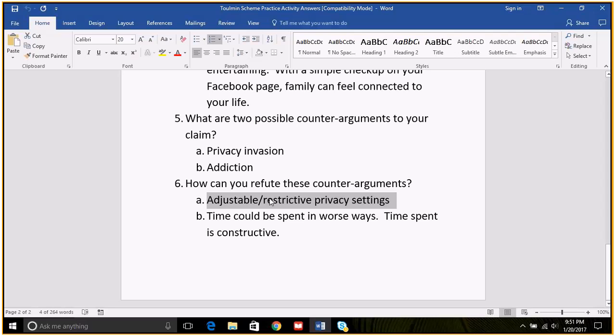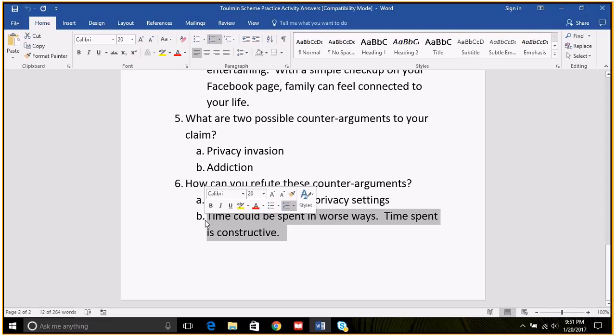As far as the addiction goes, you could, I think, refute this in a way where you kind of acknowledge that, yes, sure, it can be addictive behavior, but you could definitely spend the time in worse ways. I mean, think about it. Facebook, even if somebody's checking it too much, that's time that they're spending learning more about their friends, learning more about other people, reading articles about things that are going on in the world.